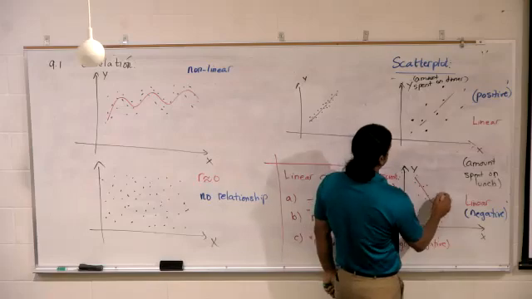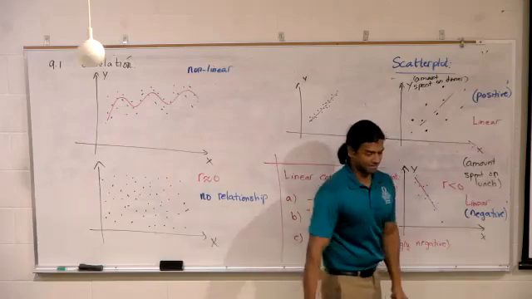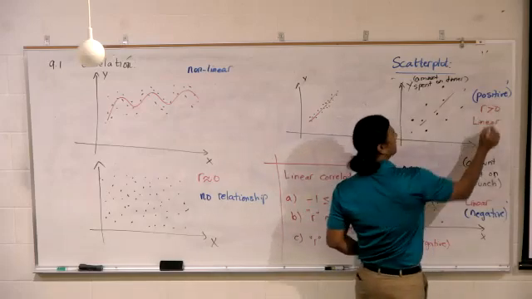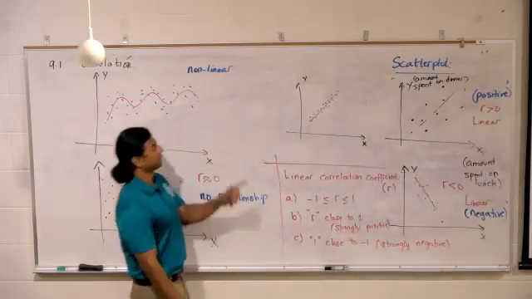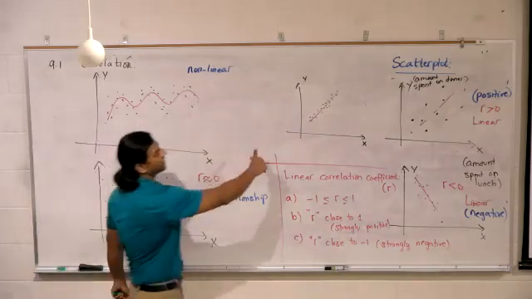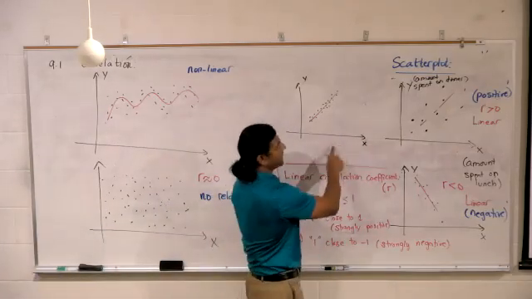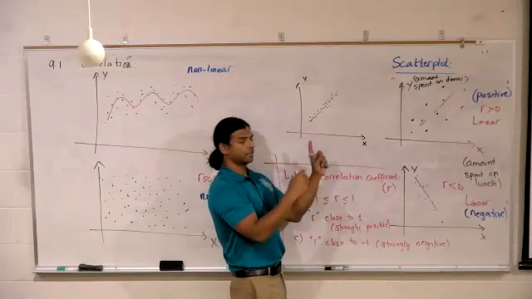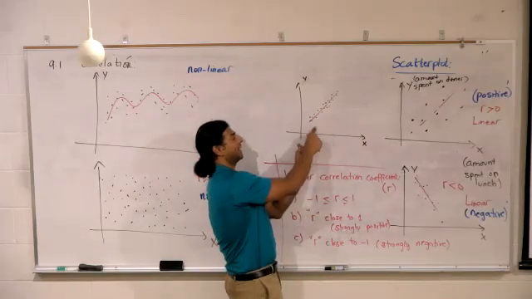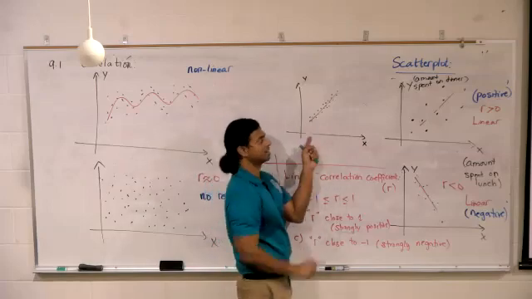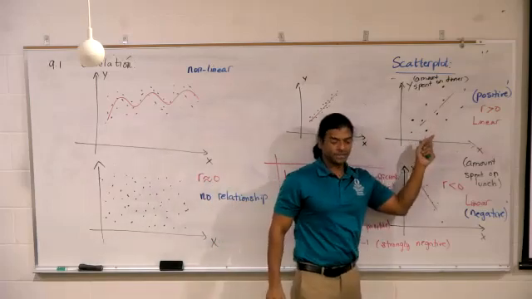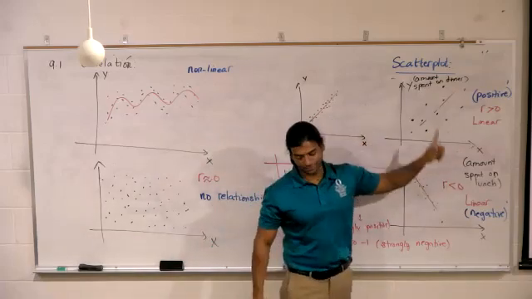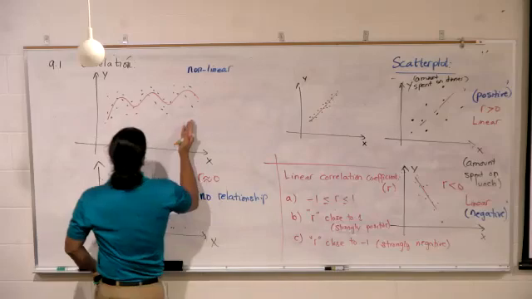There, R definitely is less than 0, negative. There, R is going to be greater than 0, positive. And of these two, which one's going to have a higher R value? The one on the left, because it has a stronger correlation compared to that. So the value of R here would be greater than the value of R there.